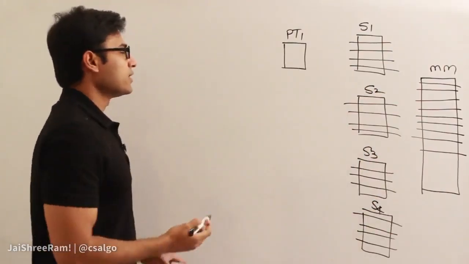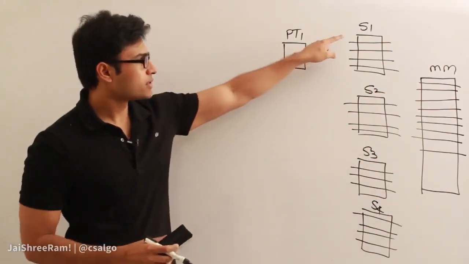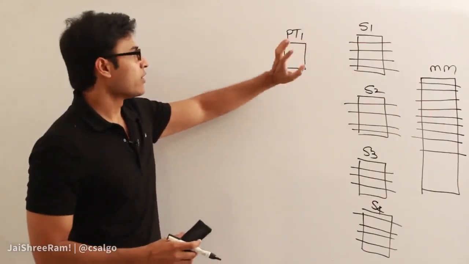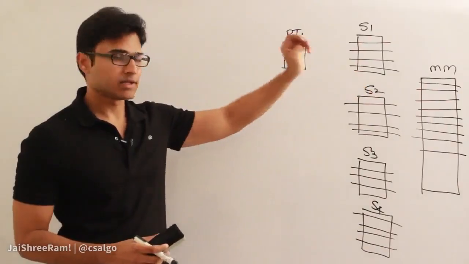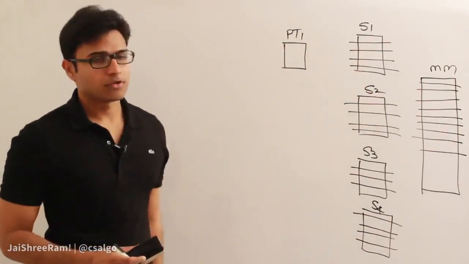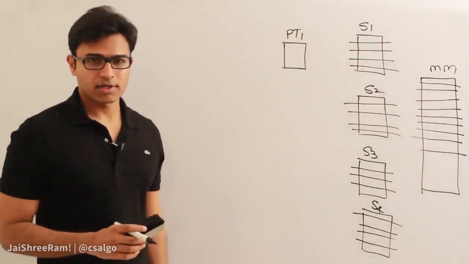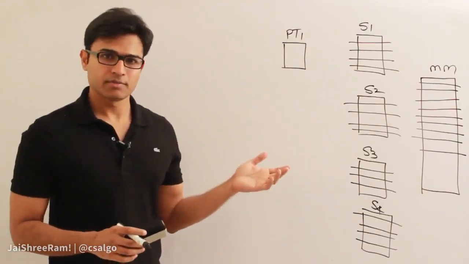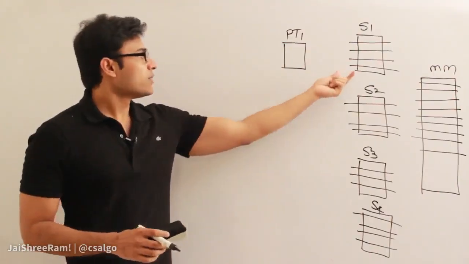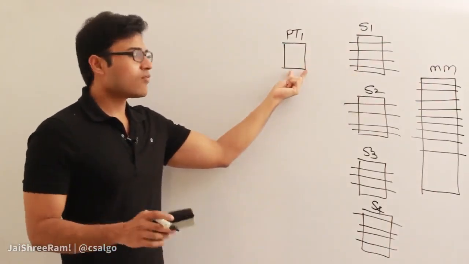Page table 1 will talk about what all the pages present in S1 are and where they are. If they are in main memory, it gives the frame they are present in; if they are not in main memory, it will say it is not present and you have to load it, depending on whether virtual memory is implemented or not. Anyway, every segment is associated with one page table.